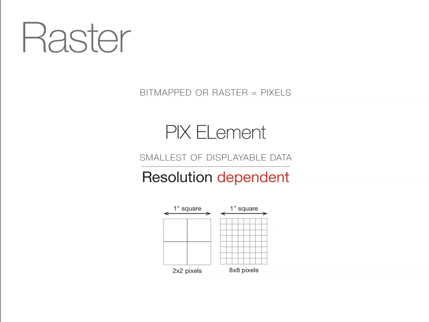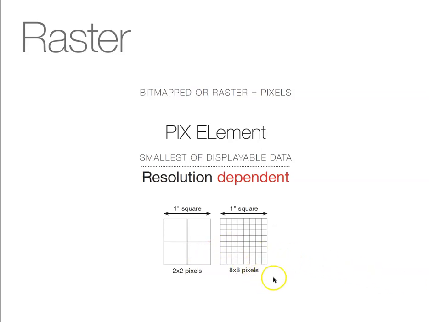The quality of a raster graphic is going to depend on the quality of those pixels. An image that is raster is resolution dependent. That resolution, like I said, is determined when the file is first created.